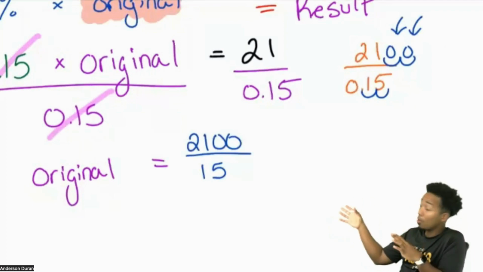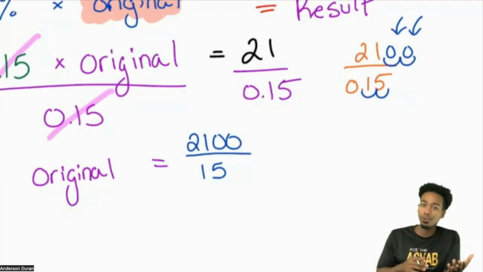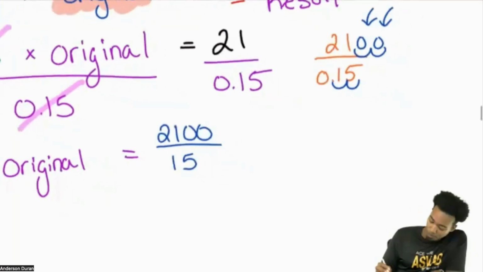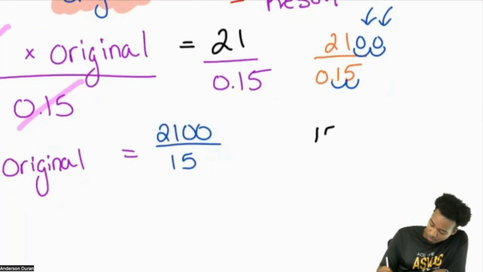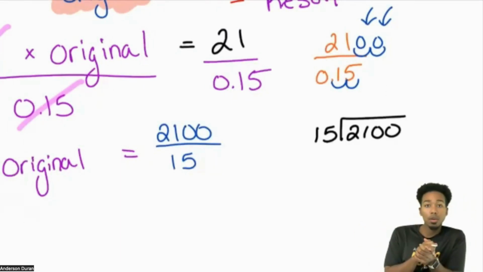You don't need to know mental math to do 2100 divided by 15. You can get there, but I'm also going to show you mental math where we can. So here, 15 divided into 2100. Everybody, 15 goes into 21 how many times? Right, just one time.